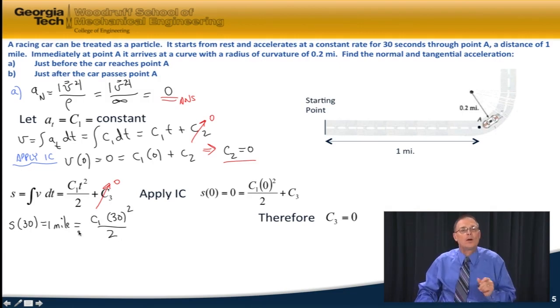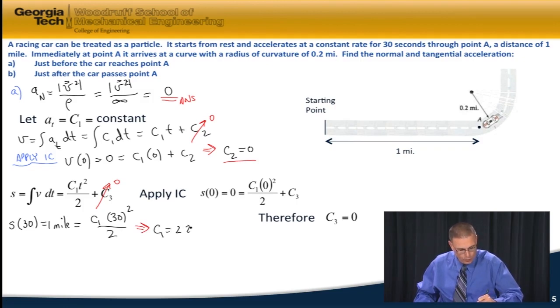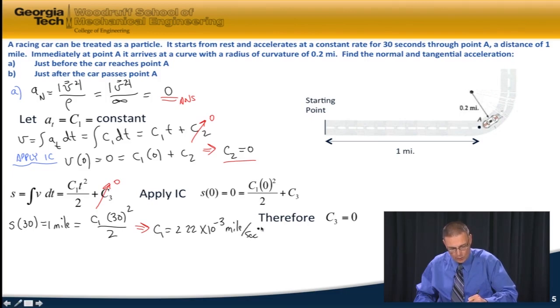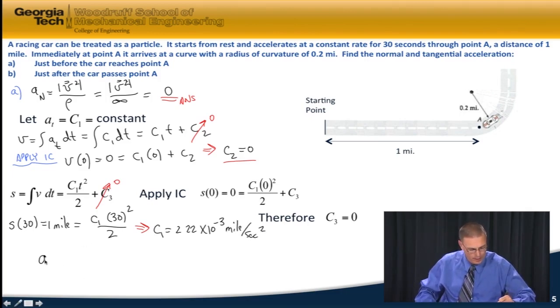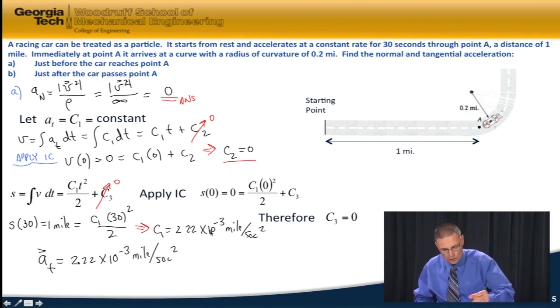That's going to allow us to solve for C1, which is our tangential acceleration, which is what we need for the solution of part A. And so I get C1 equals 2.22 times 10 to the minus 3 miles per second squared. I can express that as a vector: A tangential, which is C1, is equal to 2.22 times 10 to the minus 3 miles per second squared, and the direction is to the right.